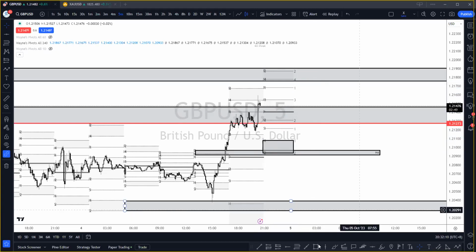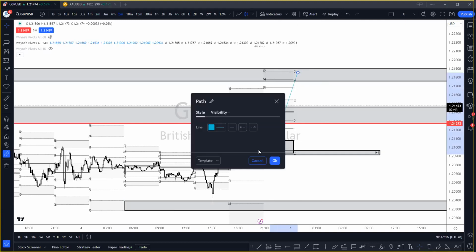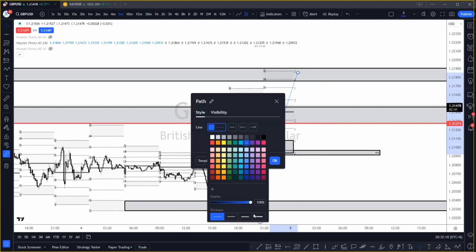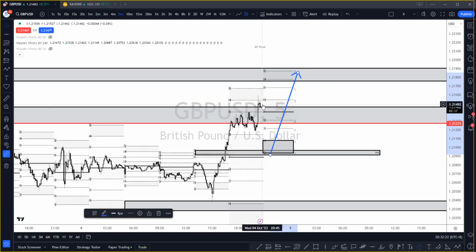Okay, so this is your high probability buy. I'm just going to make it slightly bigger. Do you want to buy here? That's a bit of a dangerous level. But this is where you want to buy.